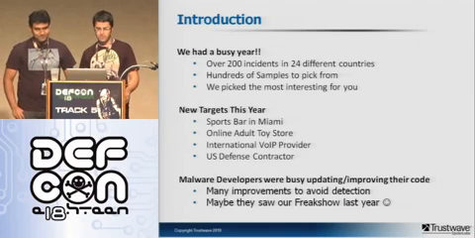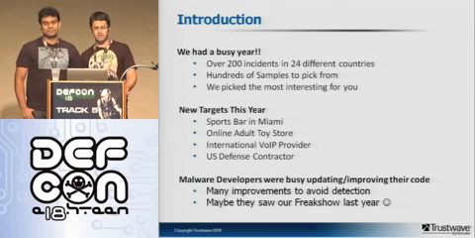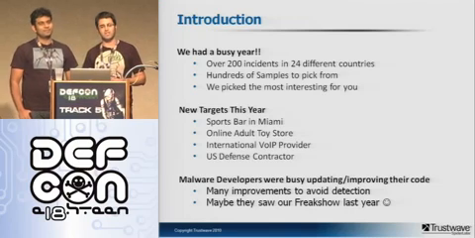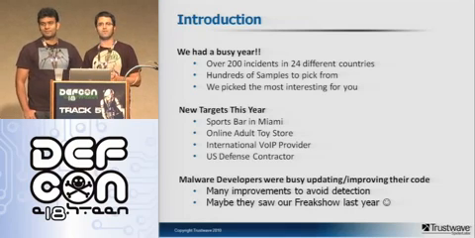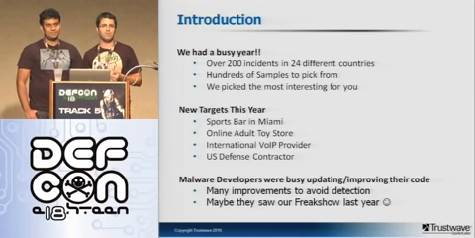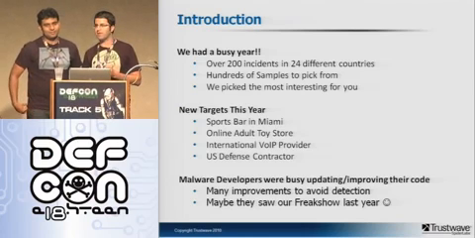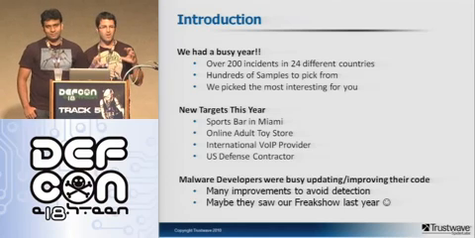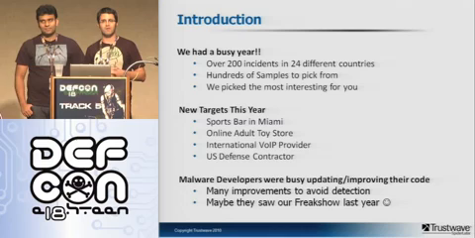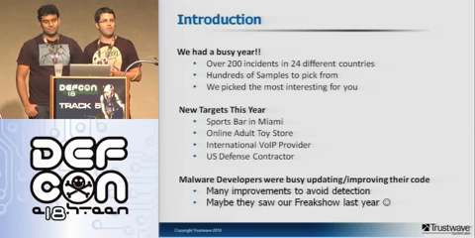Sure. So, to go over the introduction here. Basically, we had a very busy year. As a team, we visited over 200 environments, 200 incidents, and that spanned about 24 different countries. So we had hundreds of samples to pick from, and we worked together to pick what we thought were the most interesting pieces of malware that we saw in the last 12 months, and present those to you here today.